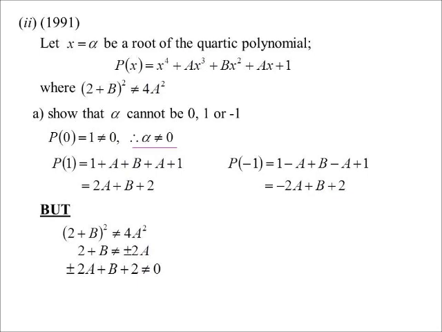We just said b plus 2 can't equal plus or minus 2a, so it'd be impossible to get 0. So plus or minus 2a plus b plus 2 cannot equal 0. So therefore, 1 can't be a solution, -1 can't be a solution as well. Plus we've unlocked the secret to why on earth they told us 2 plus b squared. There was the useful piece of information.